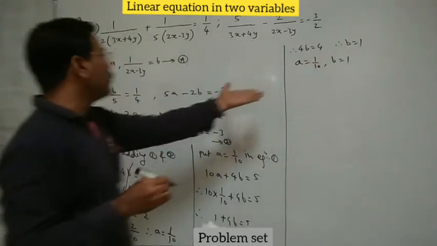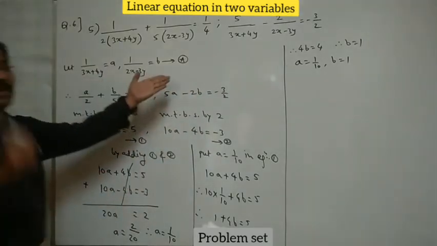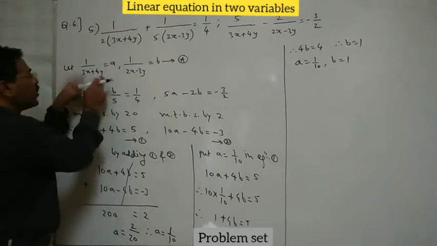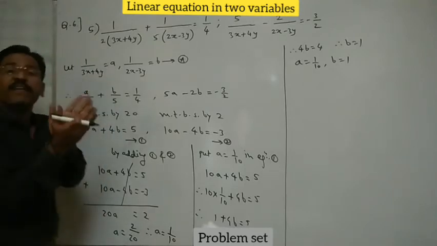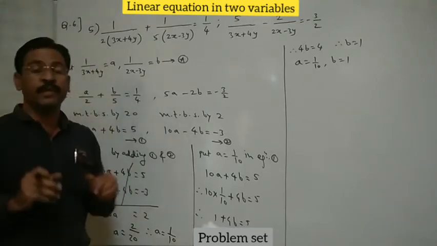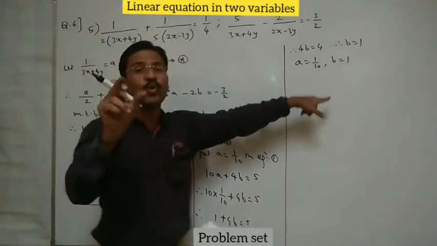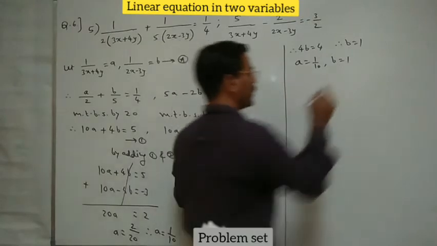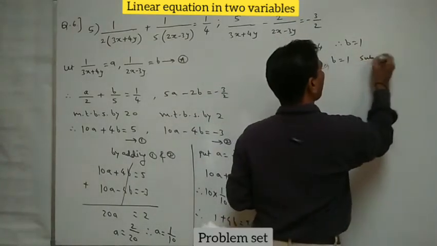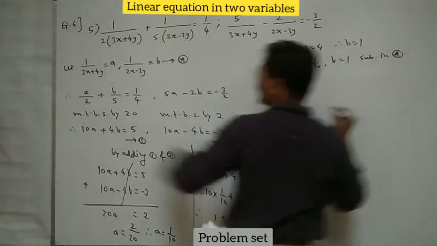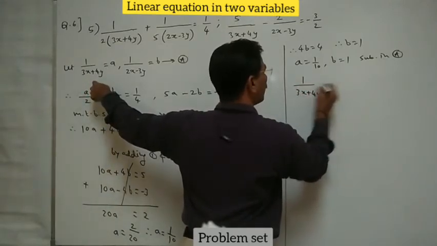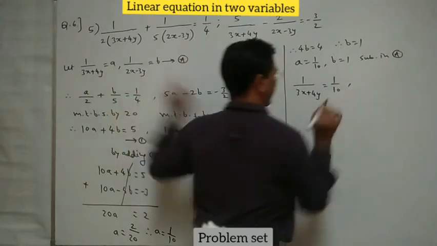So, these two values we are going to substitute here. But remember friends, this is the first example in which x and y, both the variables, come in one term only. That means again we'll get two linear equations in two variables. Okay? See, after substituting in a, what will we get here? 1 upon 3x plus 4y is equal to a, that is 1 upon 10. Is it correct?